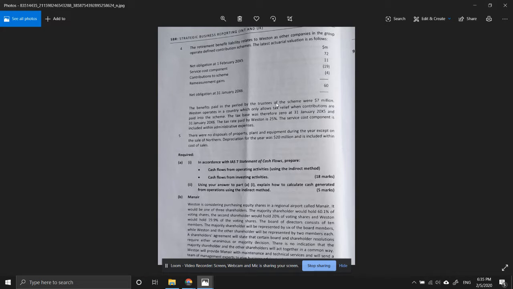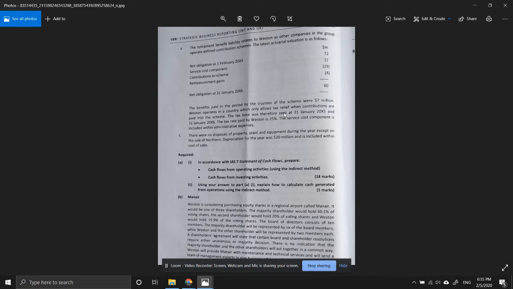Benefits paid in the period by the trustee of the scheme were 7 billion. We don't need to worry about that. It operates in a country which only allows tax relief when contributions are paid into the scheme. Okay, so only when it is contributed into the scheme.